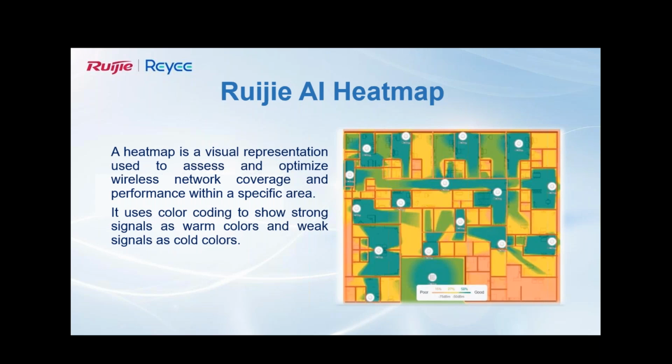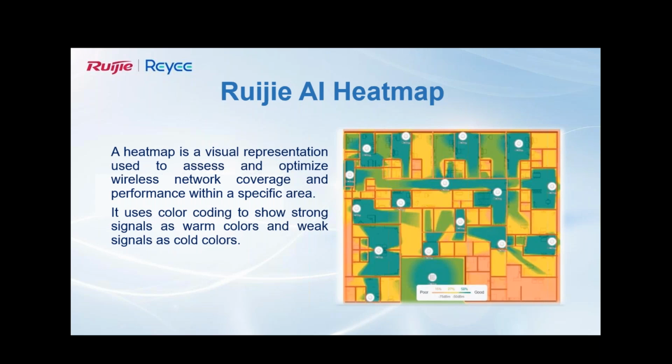This tool allows users to import floor plans in various formats, images, PDF, or CAD, and utilizes AI to automatically recognize walls and obstacles. By placing access points on the plan, the AI heatmap simulates Wi-Fi signal strength and coverage, enabling users to identify potential dead zones and optimize AP placement for optimal network performance.